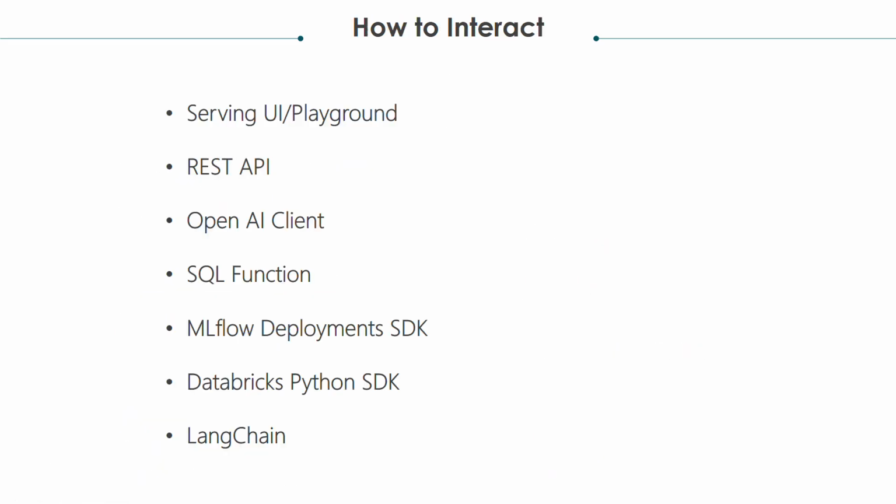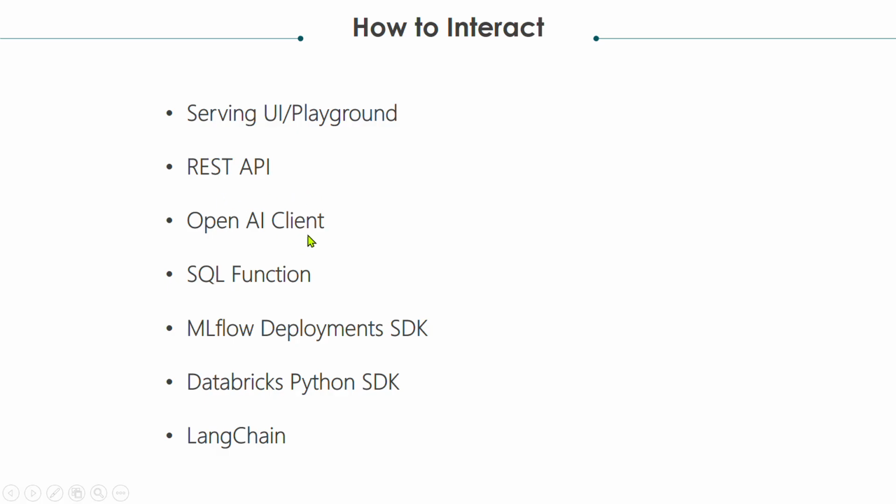After we create the models, these are the various ways we can interact with them. For a quick check or trying out, we have a playground in the UI where we can interact with them. Then we can directly interact with them using the REST API in any programming language, which doesn't require any additional libraries.